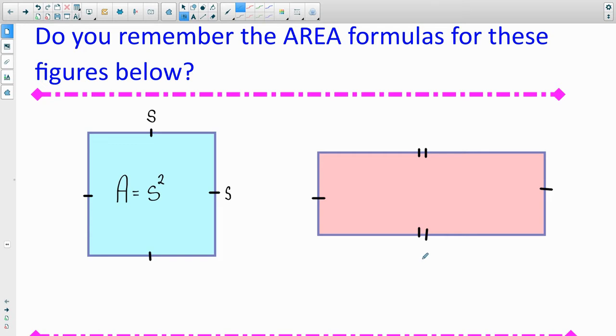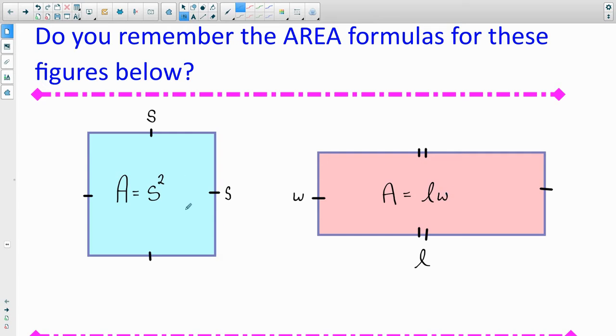And you all know that we usually refer to the longer side as the length, L, and the shorter side as the width, W. And quite simply put, it's not that different than the area of a square, where we're multiplying the two dimensions to find the area. So here the formula for the area of a rectangle is going to be length times width.